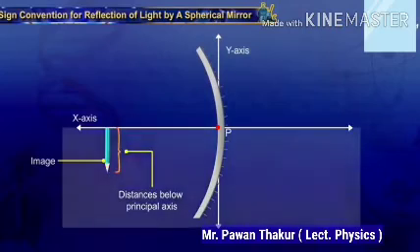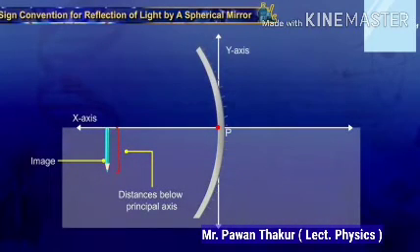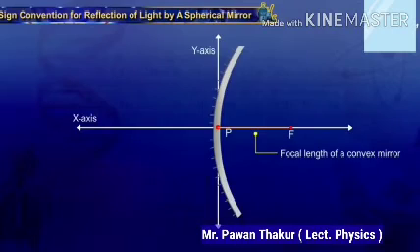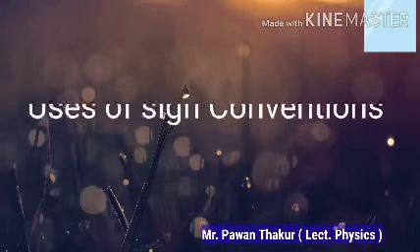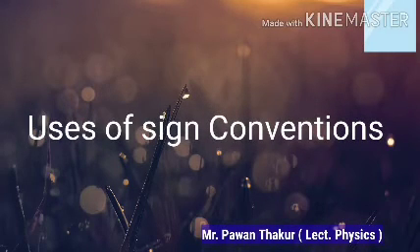Next will be the distance between the pole and the principal focus, that is the focal length. Measured from the left side, it is taken as negative, and on the right side, it is taken as positive. These are some of the new Cartesian sign conventions which can be used for spherical mirrors.